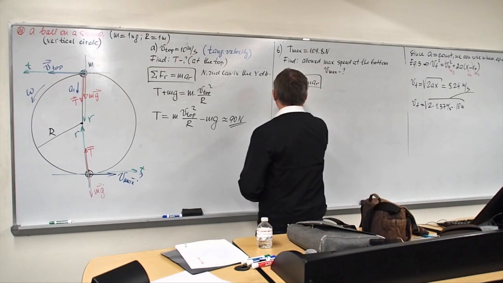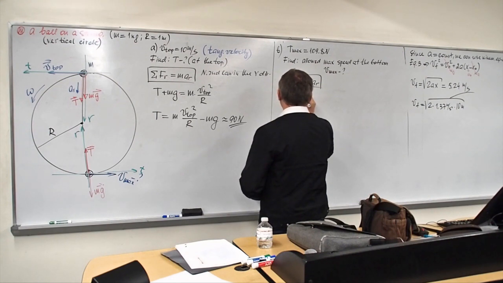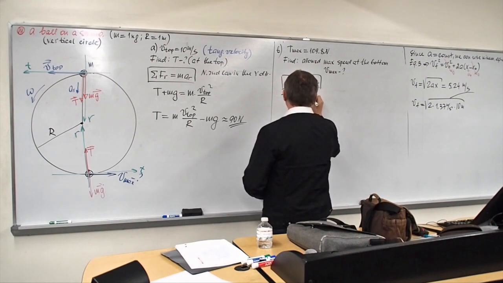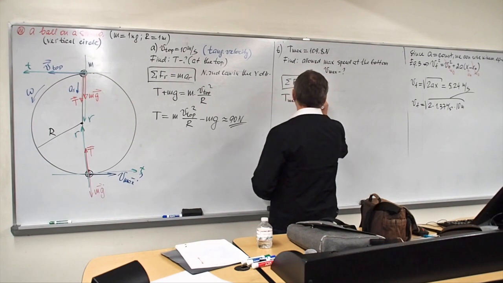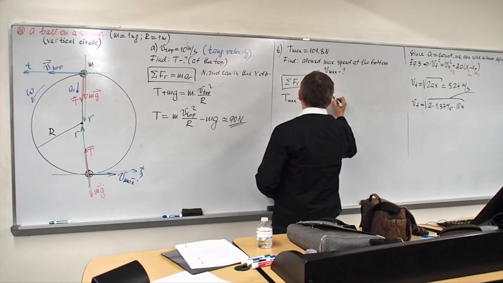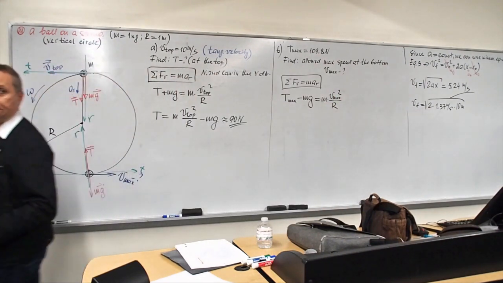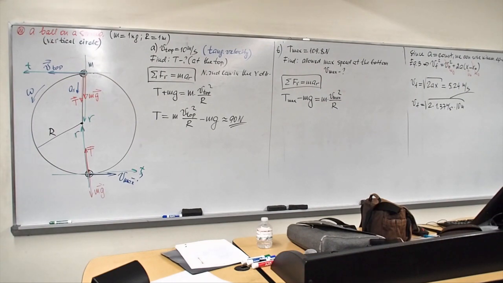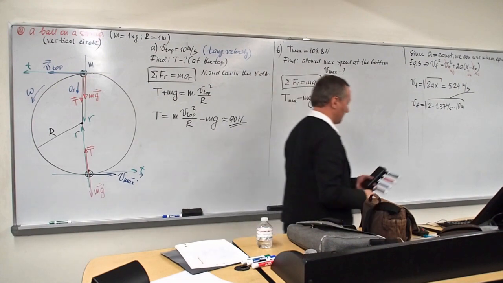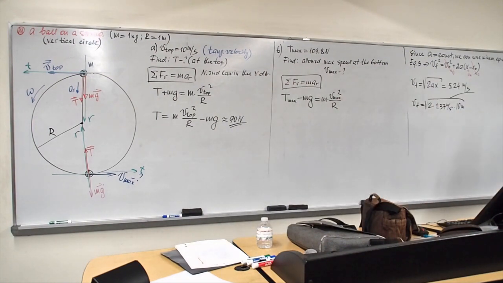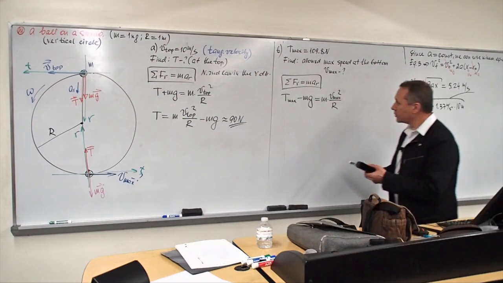So it's T. Okay, now since we're going to talk about maximum, I will put the subscript T max minus mg equals mv max squared over R capital. So only one unknown, of course, T max.